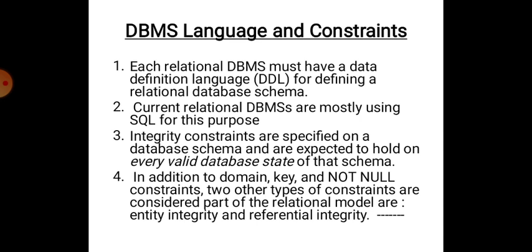Integrity constraints are specified on the database schema and are expected to hold on every valid database state of that schema. In addition to domain, key, and not null constraints that we studied earlier, two other types of constraints are considered part of the relational model: entity integrity and referential integrity constraints. Students, these two we will take up in the next class.